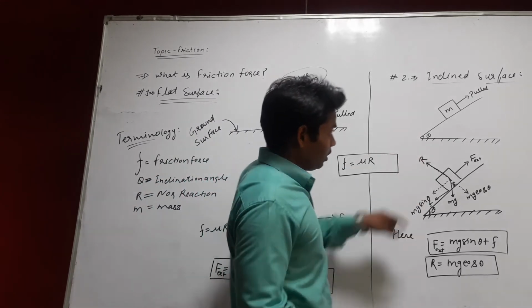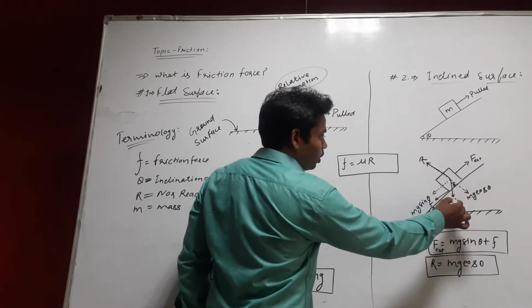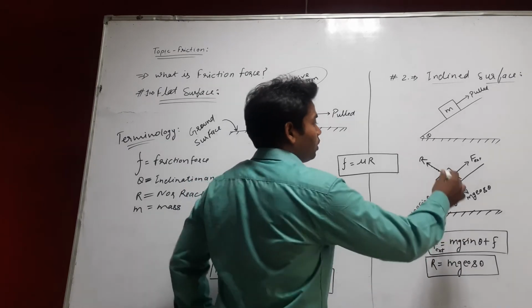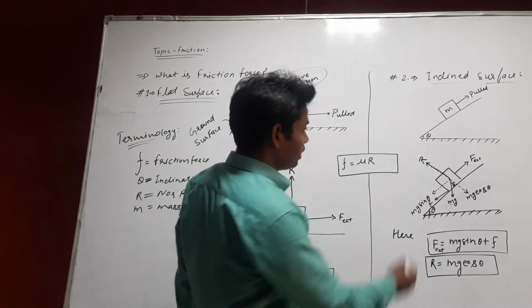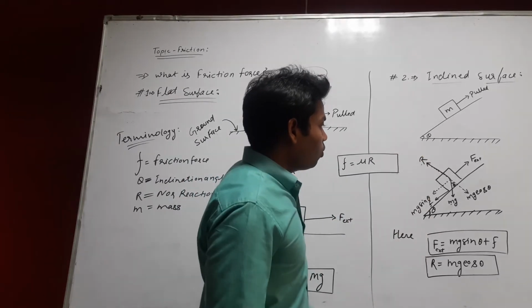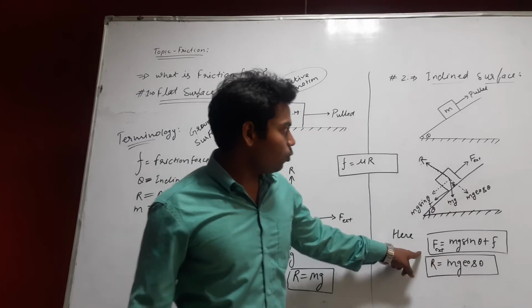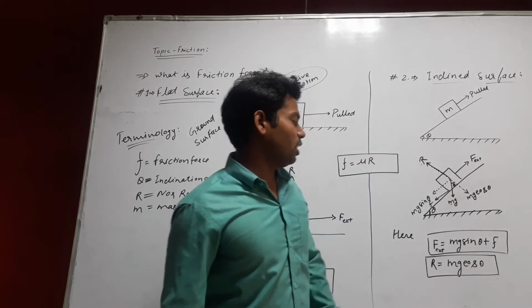the body is kept on the inclined surface, so the weight will act vertically downward, that is mg. The reaction force will act normal to the surface, that is R. Now, to calculate the external forces, we need components to balance them.